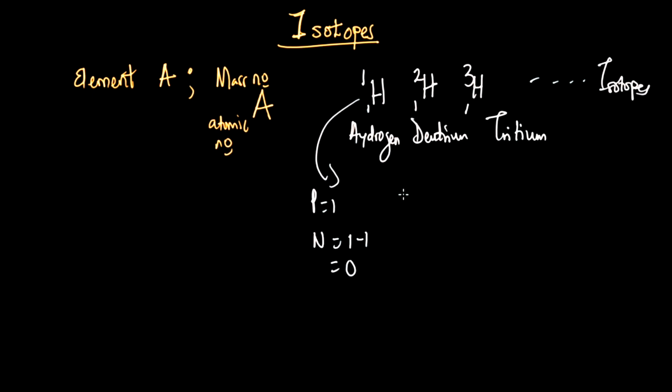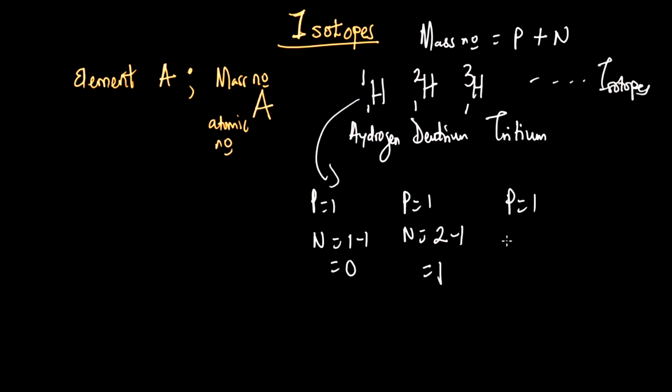So for deuterium, the neutron is mass number minus proton, 2 minus 1, which is 1. Also for tritium, we have proton to be 1 and neutron to be 3 minus 1, so we have 2.